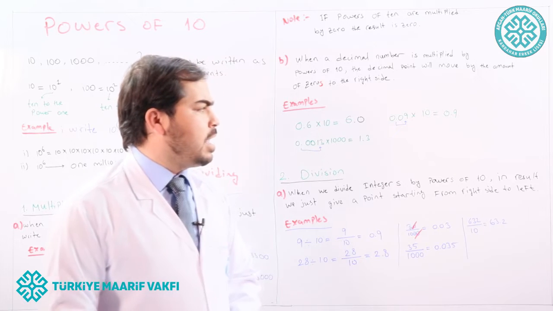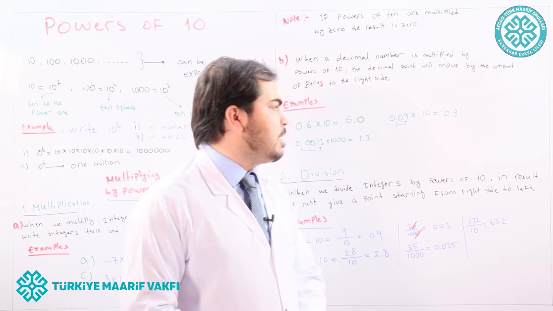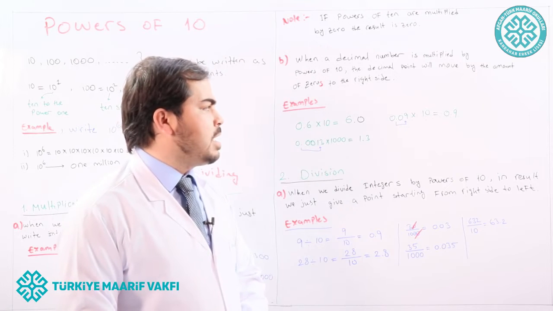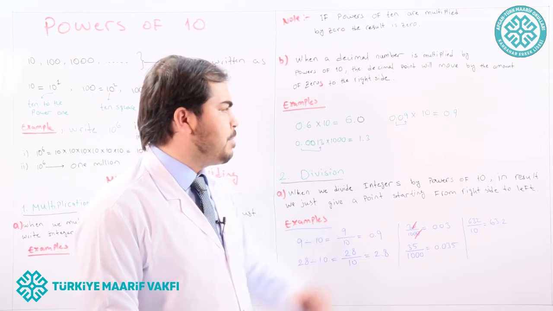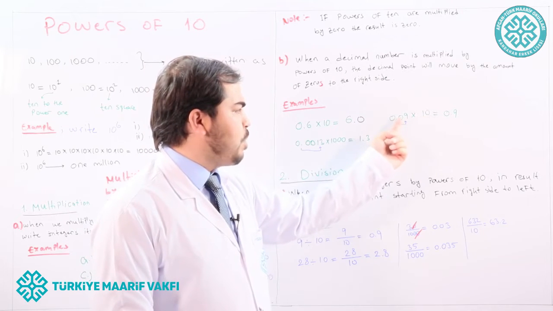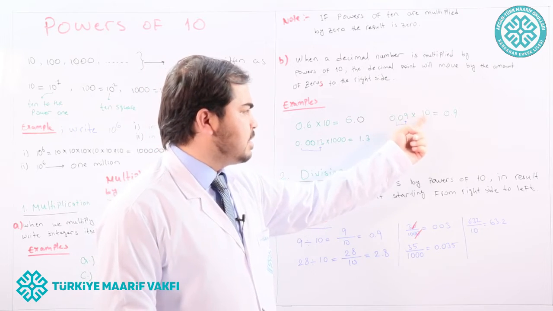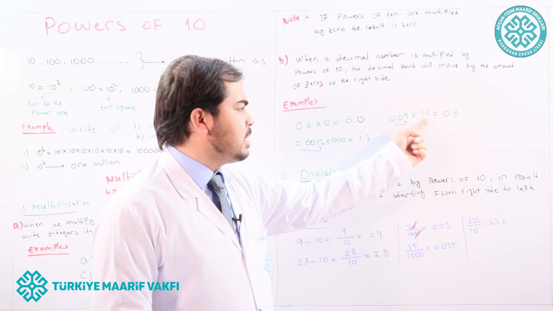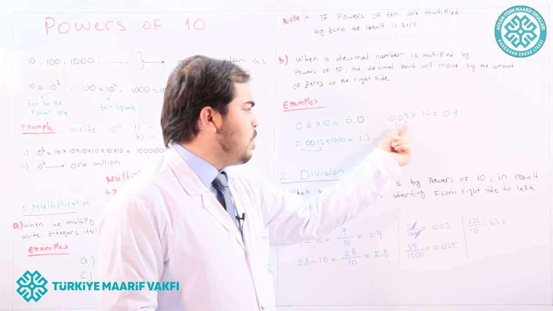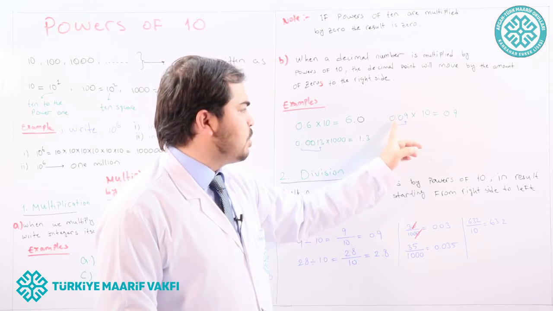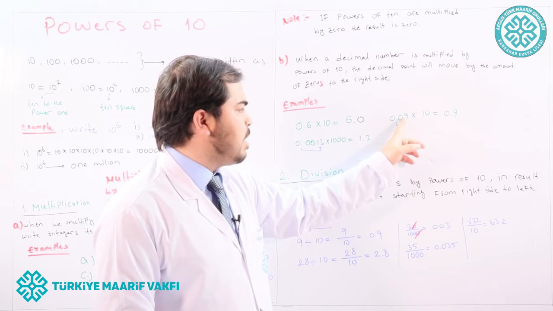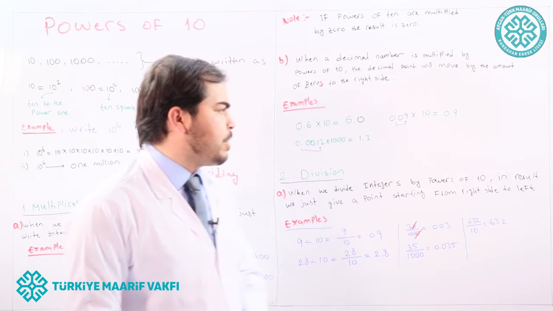Since we have 10, the point will move to the right by 1 digit. So the point will be located between 0 and 9, and it will become 0.9.